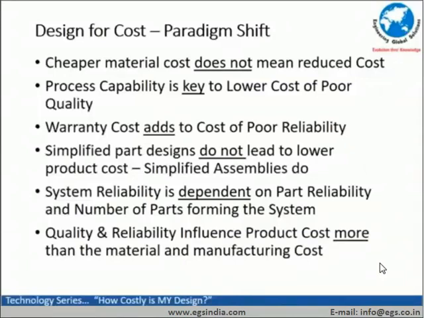Simplified assemblies do. Why would we say that? If we look at the system reliability graph, with fewer components the system reliability is higher, as compared to the system reliability which falls apart as the number of components goes up. The system reliability is dependent on the part reliability and the number of parts forming the system. Quality and reliability influence the product cost more than the material and the manufacturing cost.